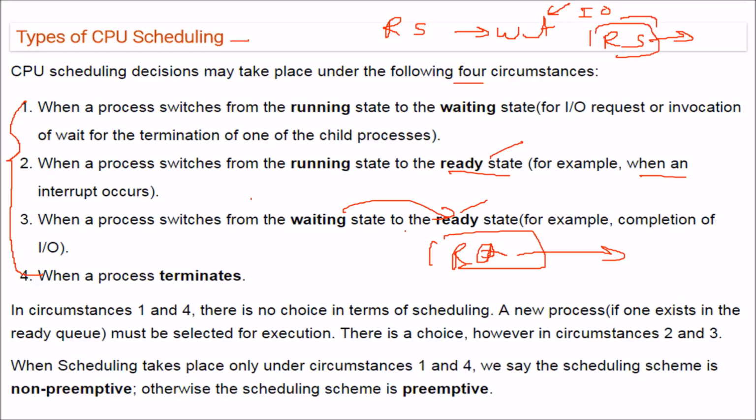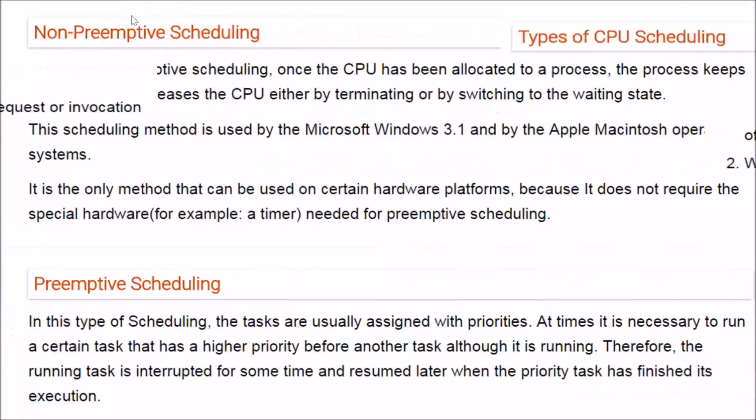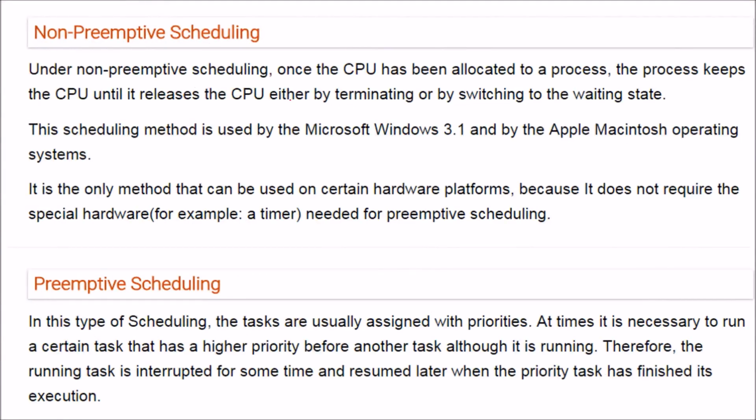When scheduling takes place only under circumstances 1 to 4, as we have seen, we say that the scheduling scheme is non-preemptive. Otherwise, the scheduling scheme is preemptive. So two types of scheduling arise, non-preemptive and preemptive.